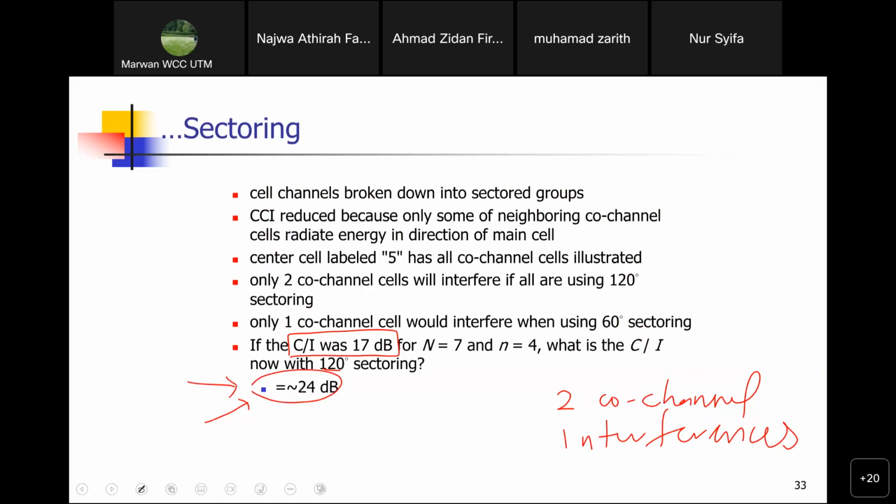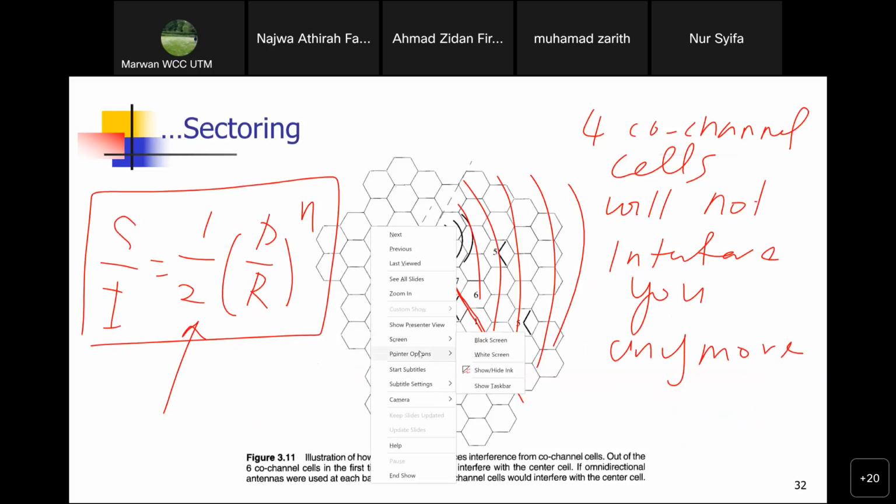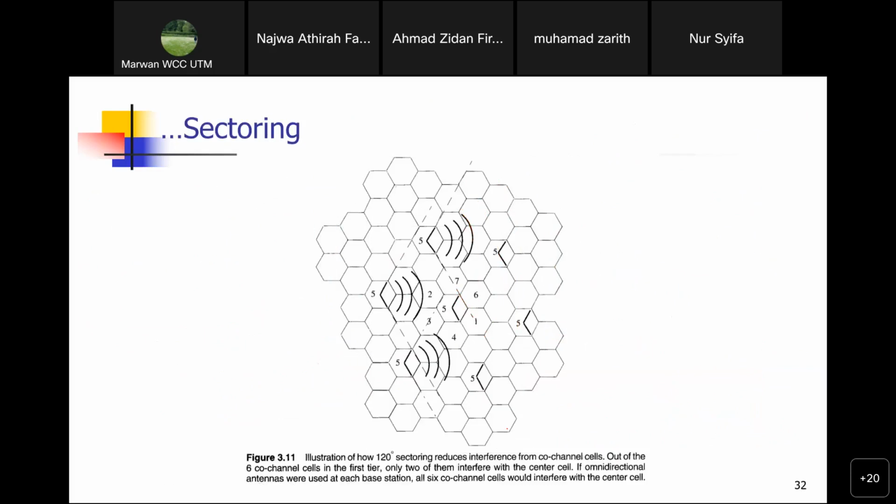So you can use a few approaches. The value is around 24 to 29, depending on how you define your distance.